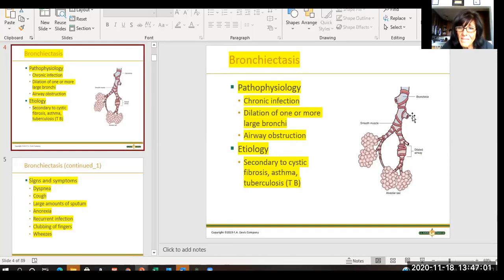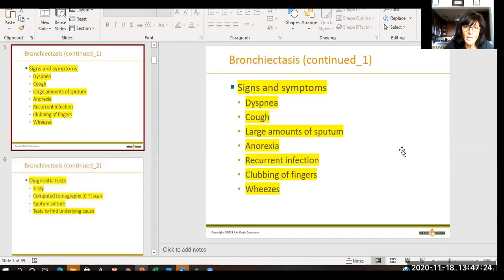And so what happens is, see right here, it'll get dilated, enlarged. And when it does, it's like swollen, and it causes obstruction of the airway. This is very common in people with cystic fibrosis, asthma, and TB. Very common, okay? And how do you diagnose this? You would need a CT scan or an MRI to see it.